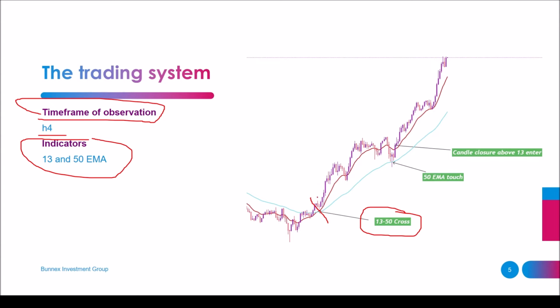Then the market must actually give us an impulse and then a pullback to the 50 EMA. The 50 EMA region is a point where we call point of market interest. On that point of market interest, a candlestick closure or a candlestick reversal pattern can give us an entry that will last 100 plus pips.